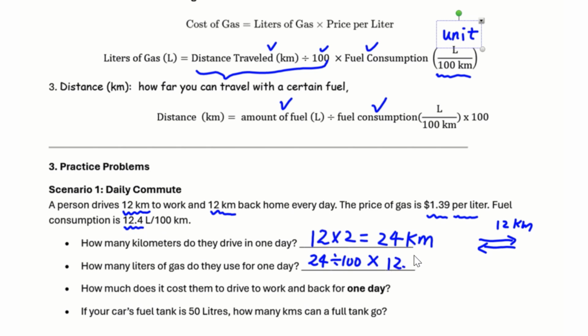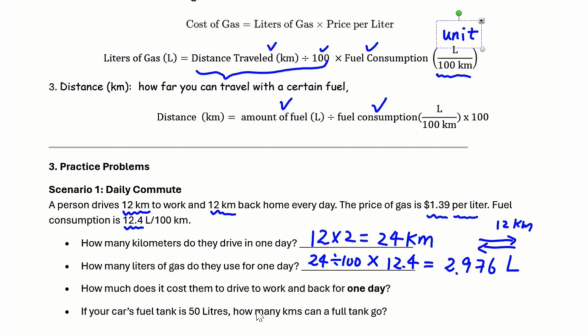Then we are going to have the total liters used. So we counted the distance by 100 by dividing by 100. Then we times the unit, 12.4 liters per 100 kilometers. We get 2.976 liters of gas used.